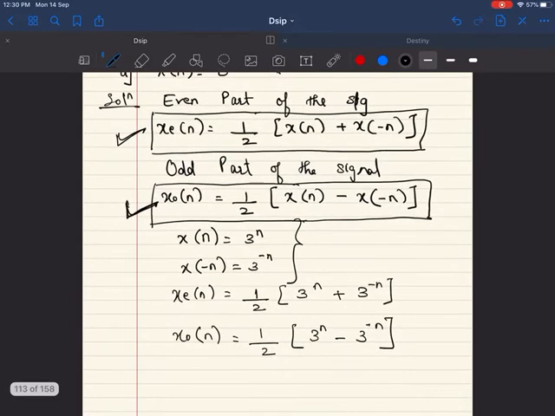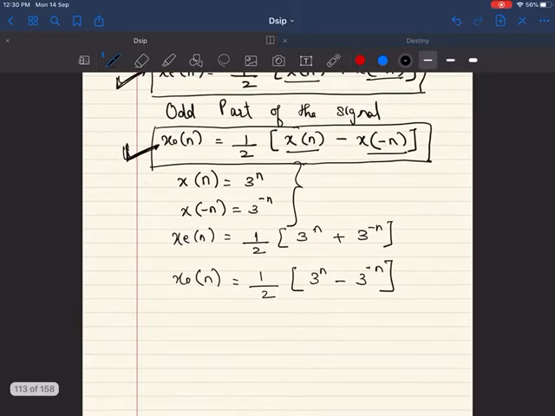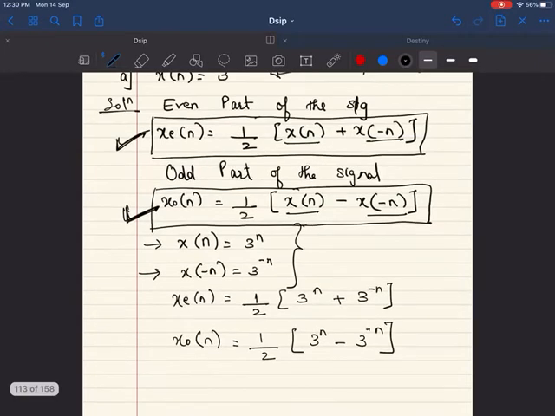Now my x of n is 3 raised to n, and my x of minus n is 3 raised to minus n. That is what we need in order to find the even and odd part. You need x of n, which is already given in the question, and the reverse, x of minus n, for substituting in these two formulas. Once I have the values of x of n and x of minus n, I will simply substitute them in equation number 1 and equation number 2.